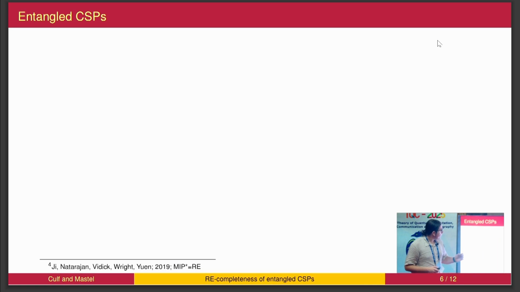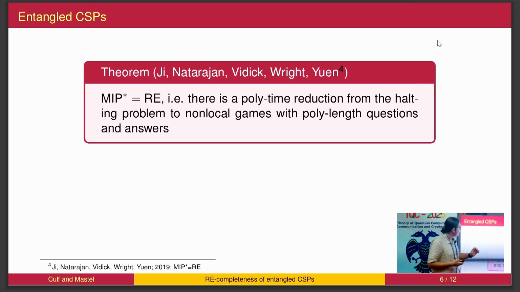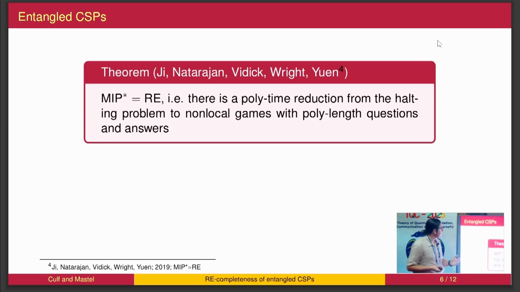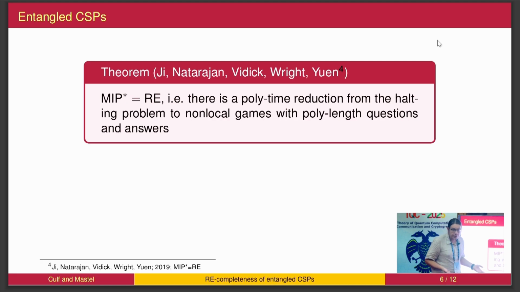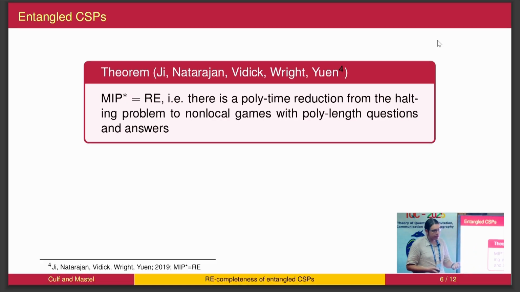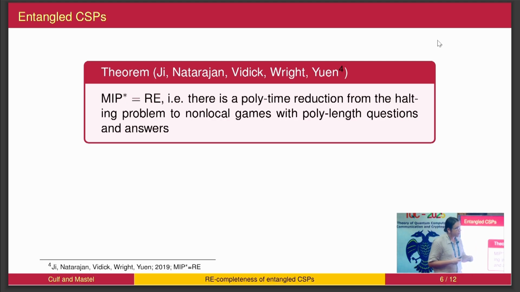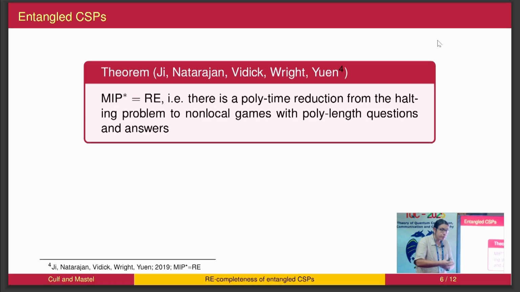Now we can ask the same questions as we know the answer for classical CSPs about entangled CSPs, namely, what is their complexity? So the very general case is the complexity of non-local games, which is known. For general non-local games, it's this celebrated MIP* equals RE result of Ji, Natarajan, Vidick, Wright, and Yuen, showing that there's a polynomial time reduction from the halting problem to non-local games.